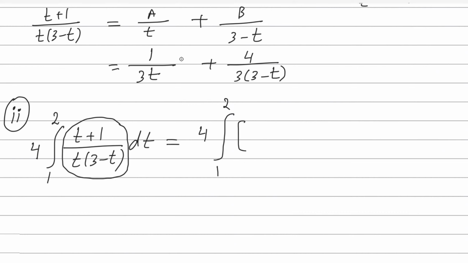Instead of writing this one, you can write this answer here, 1 over 3t plus 4 over 3 into (3 minus t) dt.